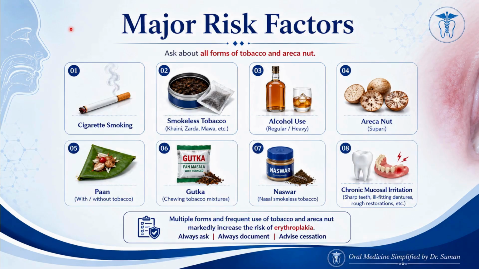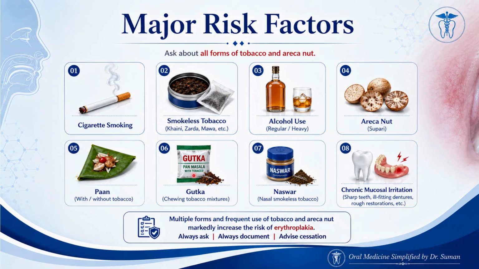The risk factors for erythroplakia overlap with the risk factors for oral squamous cell carcinoma. These include cigarette smoking, smokeless tobacco, alcohol use, areca nut, pan, gutka, naswar, and chronic mucosal irritation. However, one point needs emphasis.